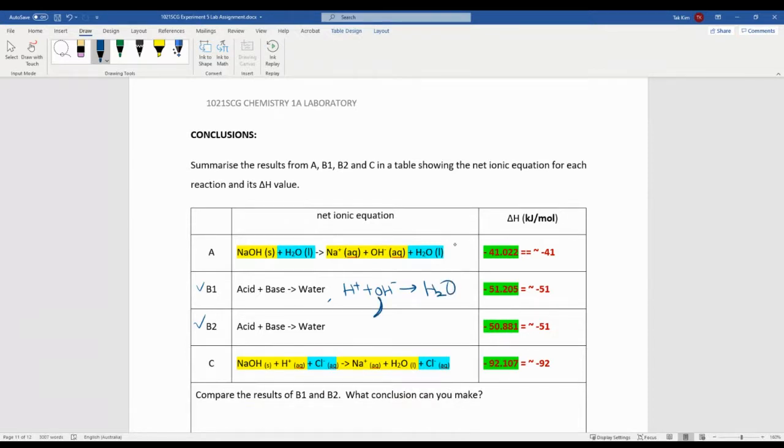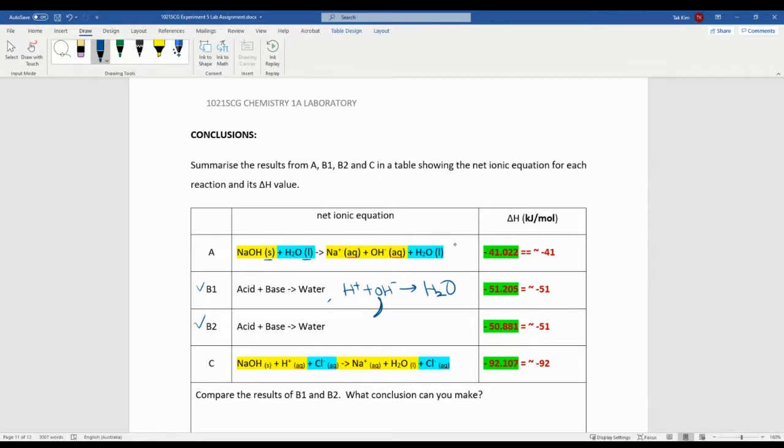And then for the first one, your initial starting materials were sodium hydroxide pellets, which is solid, in water. But when you mix, you should be able to see changes, right? Since it will be dissolved, you will see aqueous sodium hydroxide solution.